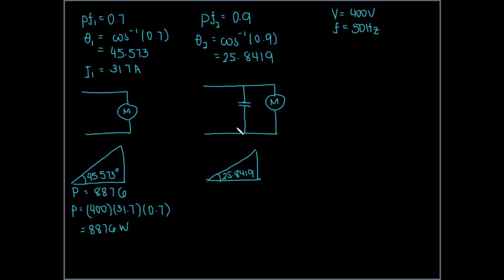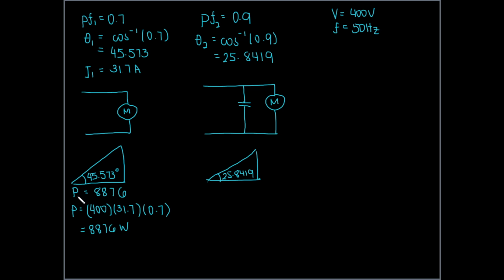Why? Because the addition of a capacitor here would mean that the capacitor does not have any resistive element in it. Approximately, it's just purely capacitive. And remember that real power is only affected by resistive elements.